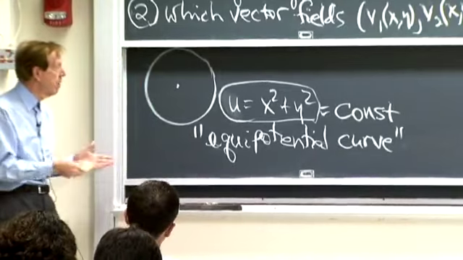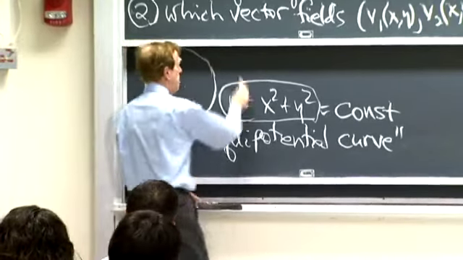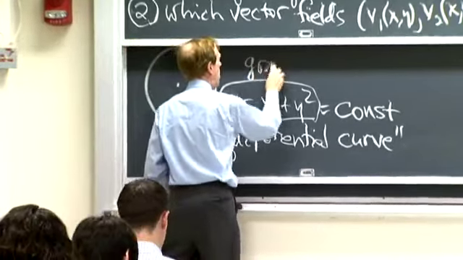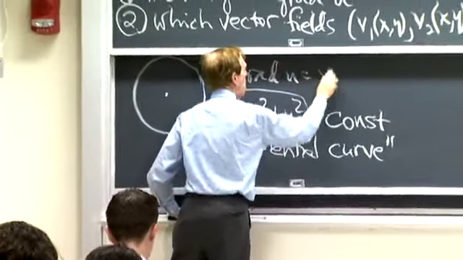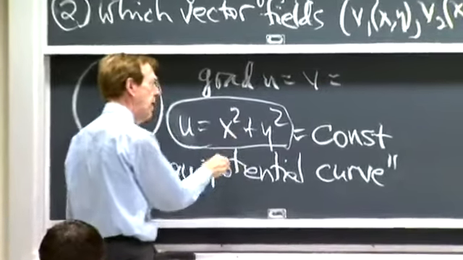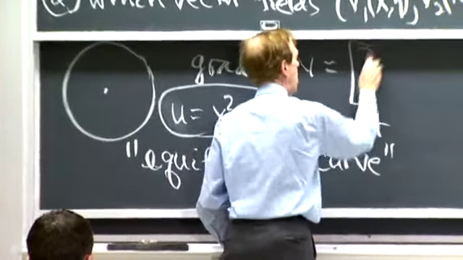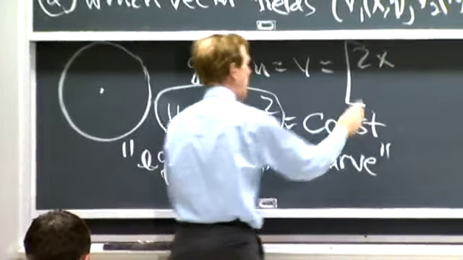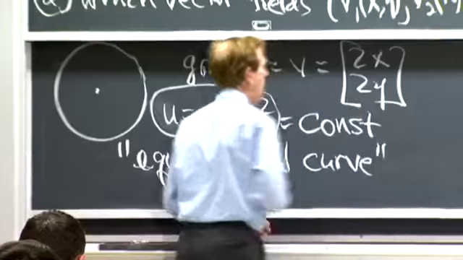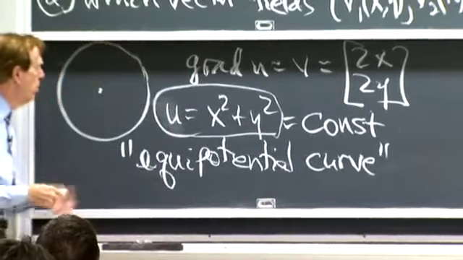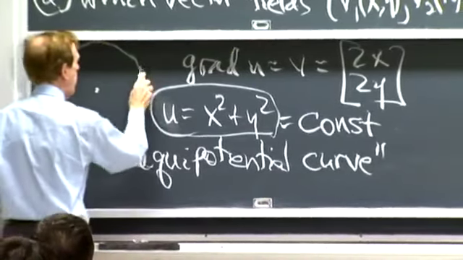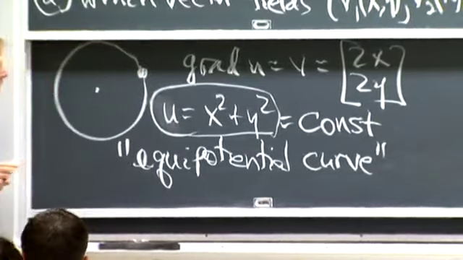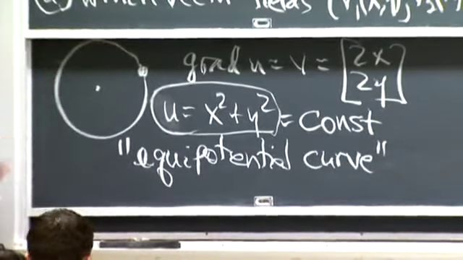Okay, now what do I learn by taking the gradient? So the gradient of u, this is my v, is the x derivative, which is 2x, and the y derivative, which is 2y. Okay. So let me take a typical point on the curve and draw that gradient vector.